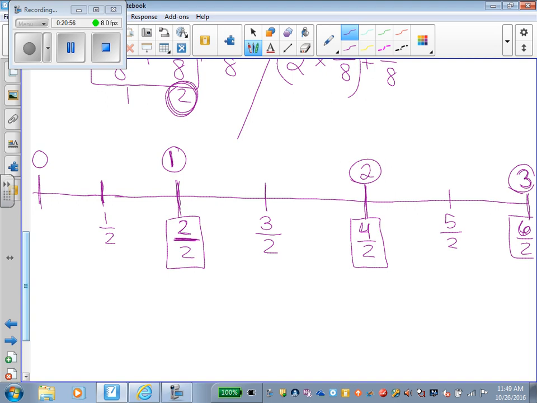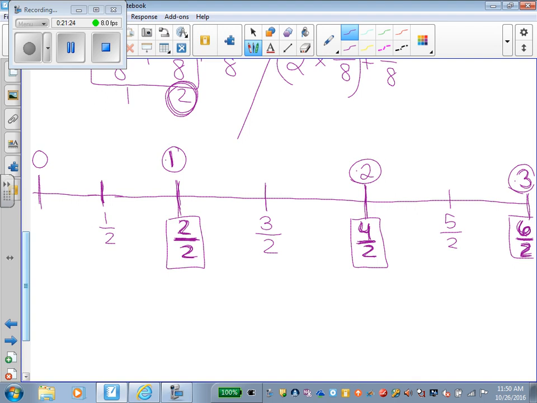So if I have 2 divided by 2, I get what? 1. When I have 4 divided by 2, I get what? 2. When I have 6 divided by 2, I get what? 3.